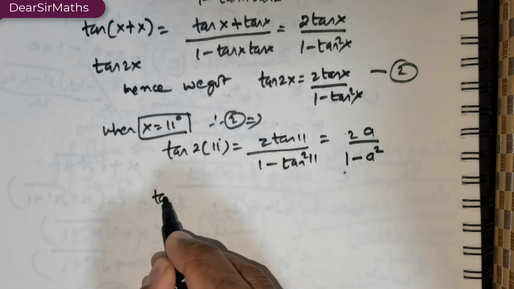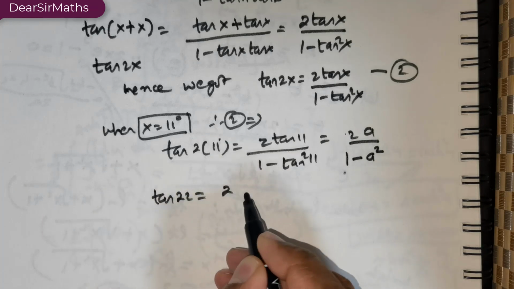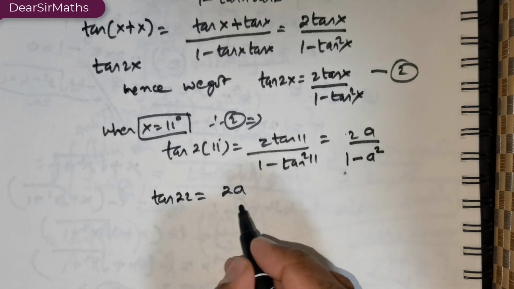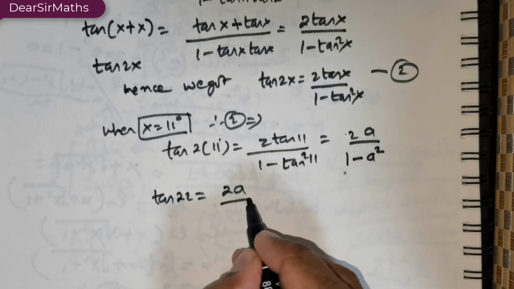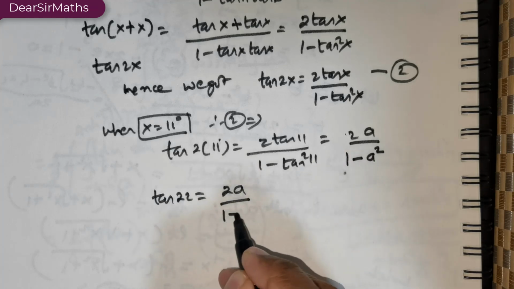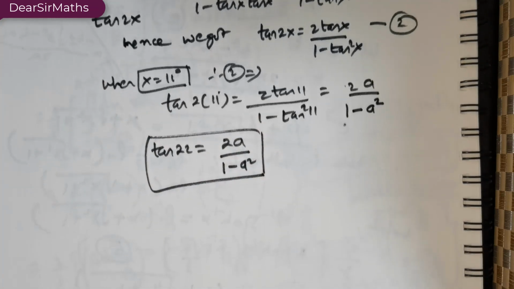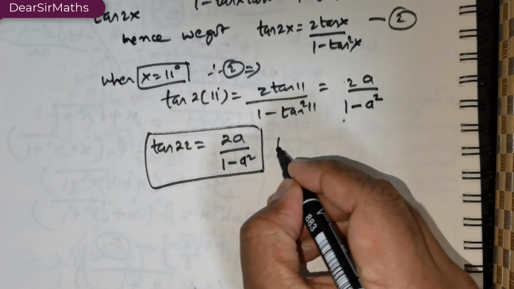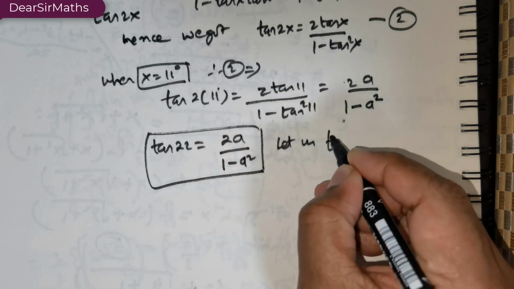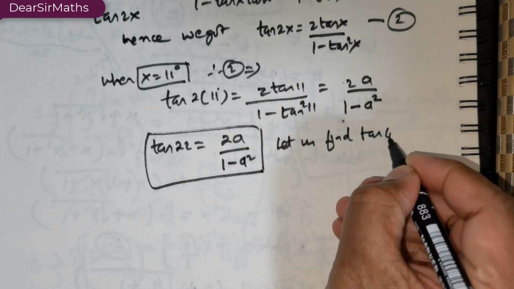On the left side I get tan 22, so rewriting the right-hand side, this is going to be 2A over (1 - A²). This is tan 22. Now let us find tan 44.